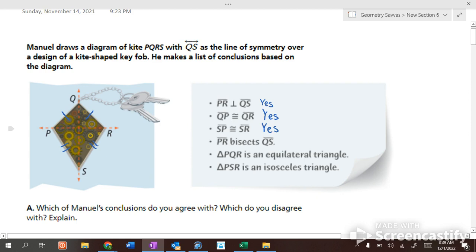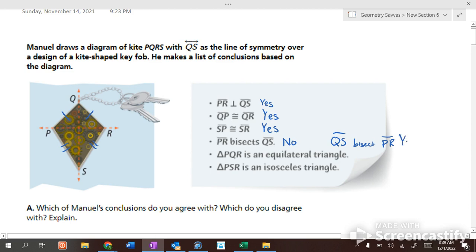Does PR bisect QS? And the answer is no. Does QS bisect PR? Does QS hit the middle of PR? Yes.